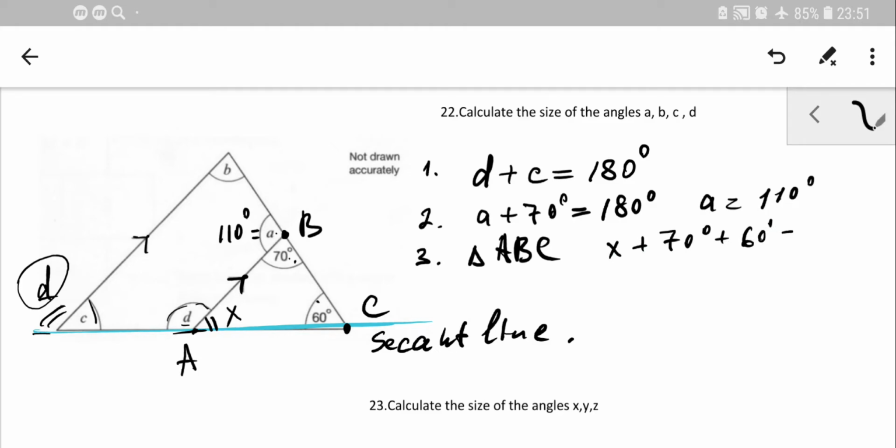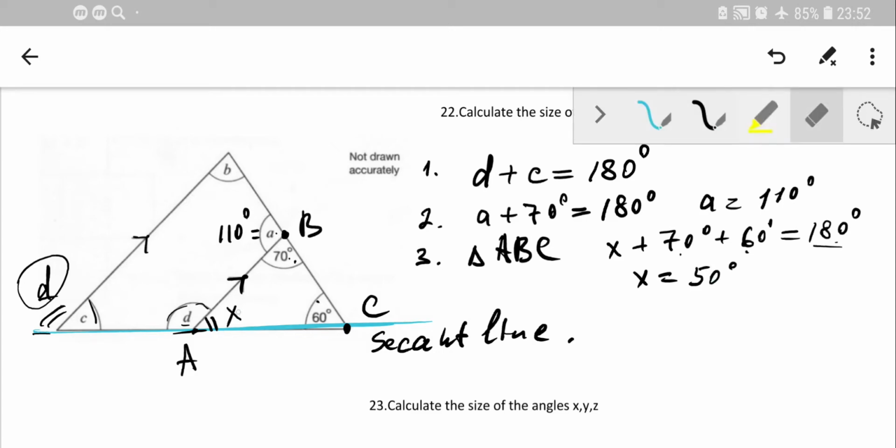From there we can find the value of X. X is simply 70 and 60 is 130, and we subtract that from 180, and we get 50 degrees. Okay, so we know X is 50.